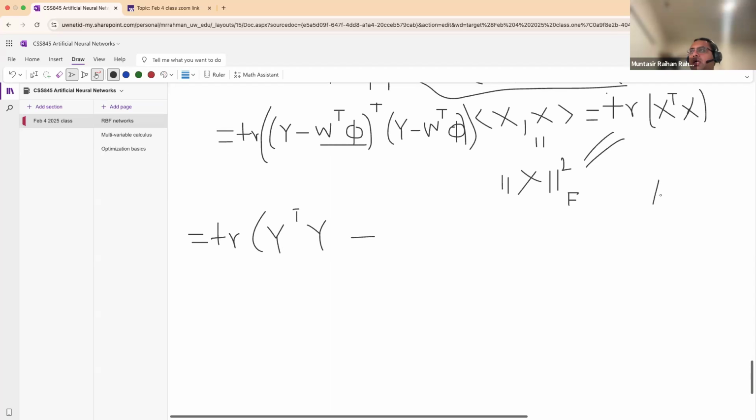When you do (A B) transpose, you get B transpose A transpose. So if you do that, this is going to be phi transpose, and then W transpose is W, and then we have the Y here.